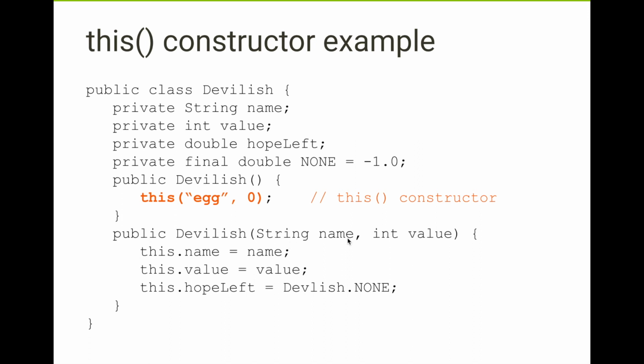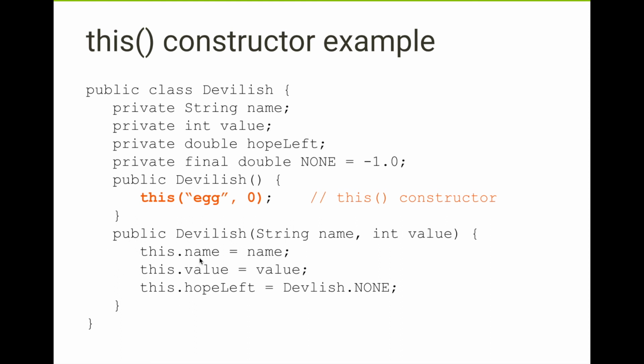But let's give it some defaults. So I'm going to create a parameterless constructor, and it will do the same thing as here, but it's going to decide to make the name egg, and the value is going to be 0. And when I call this with the parentheses, that is a this constructor call. It allows me to call a constructor from within a constructor.